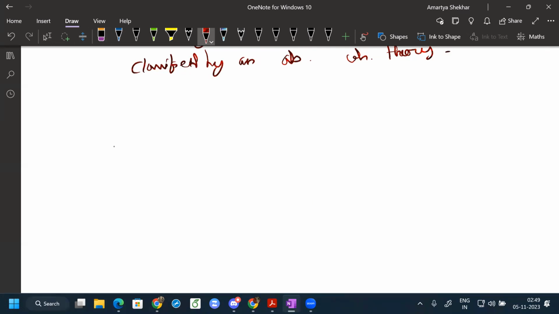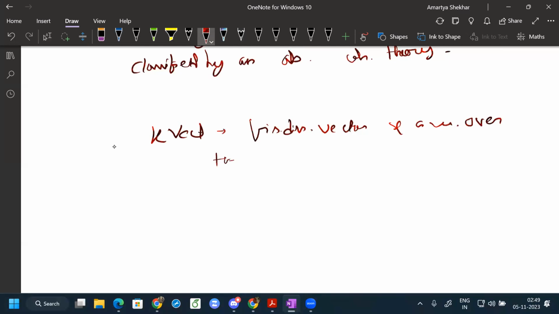Let's see a natural way to extend these operations. I'll call it K-effect, though that doesn't seem like a good notation. There's the category of finite dimensional vector spaces over a topological base field.